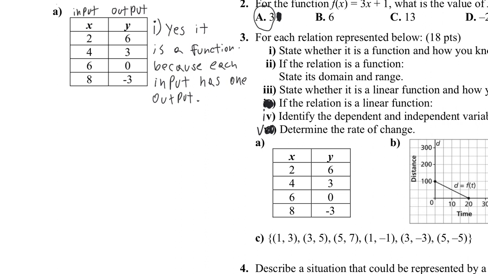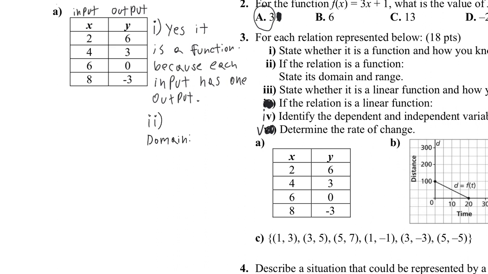Now for number 2, state the domain and range. So in these ones where we have a table of values, the domain and the range are literally just the values for x and the values for y, and we just have to list them. So for number 2, first we're going to talk about domain, and that is just the values of x.